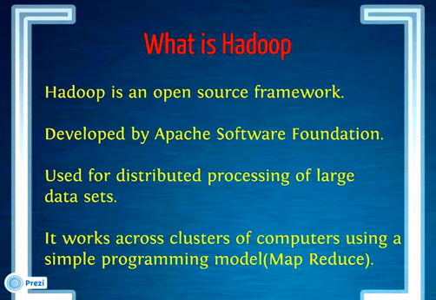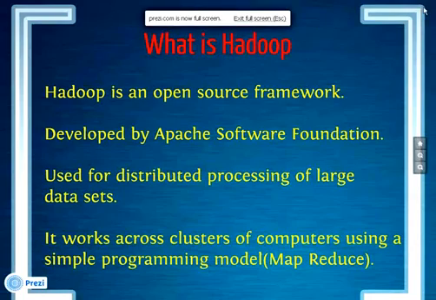As I told you, we are processing the data on multiple machines. It means that we need some type of programming which can be executed in parallel on multiple machines at the same time, and that is nothing but MapReduce. We'll be exploring all these things in more detail in the coming slides. So this was all about what is Hadoop.